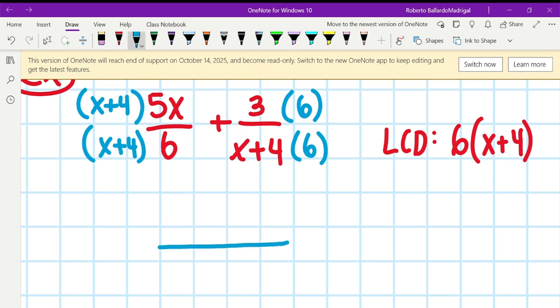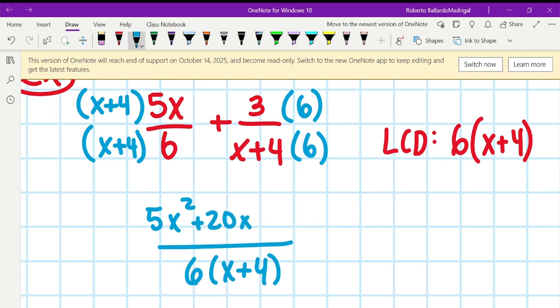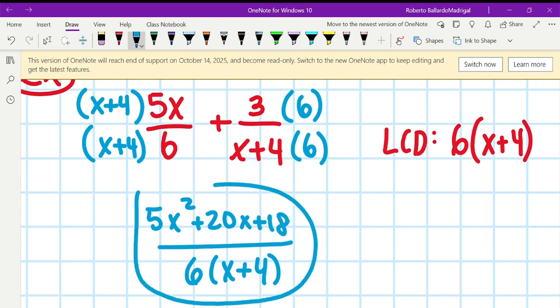So now we have a common denominator of 6 times x plus 4. And we can go ahead and find the numerator. 5 times x is 5x squared. 5 times 4 is 20x. And then 3 times 6 is 18. And that's going to be our final solution.